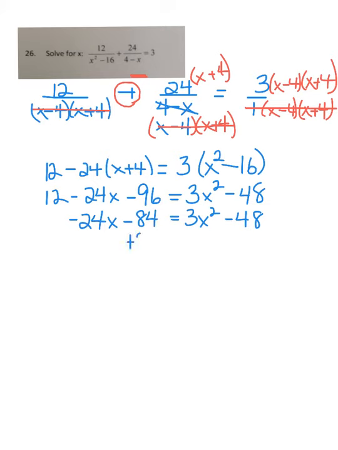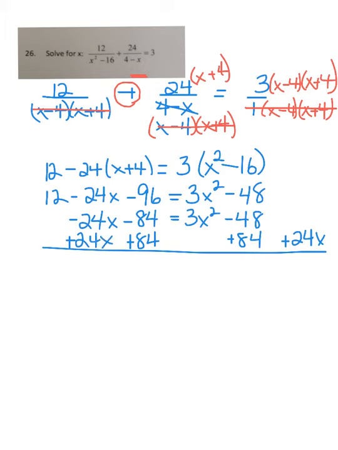So I'm going to add 84 and add 84. And then I'm also going to add the 24x over and add the 24x here as well. So that disappears.